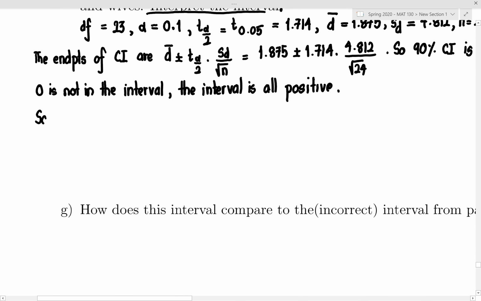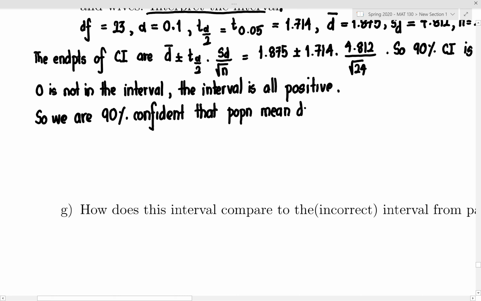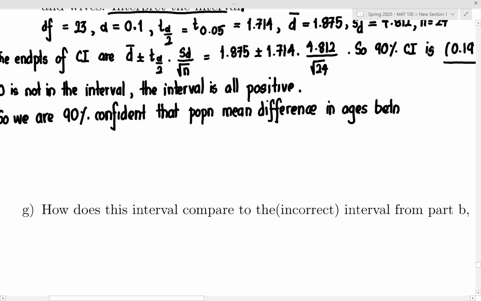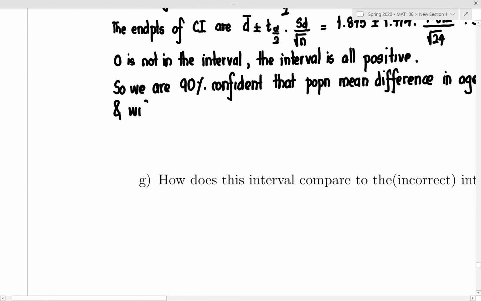Well, we are 90% confident that the population mean difference in ages between husband and wife is between 0.191 and 3.558.